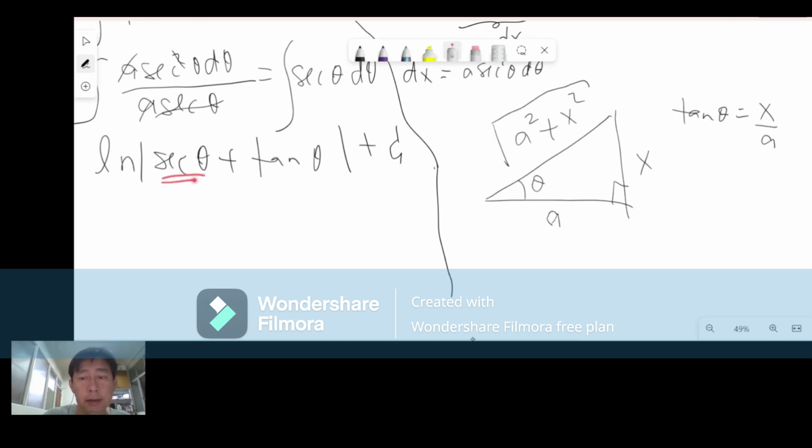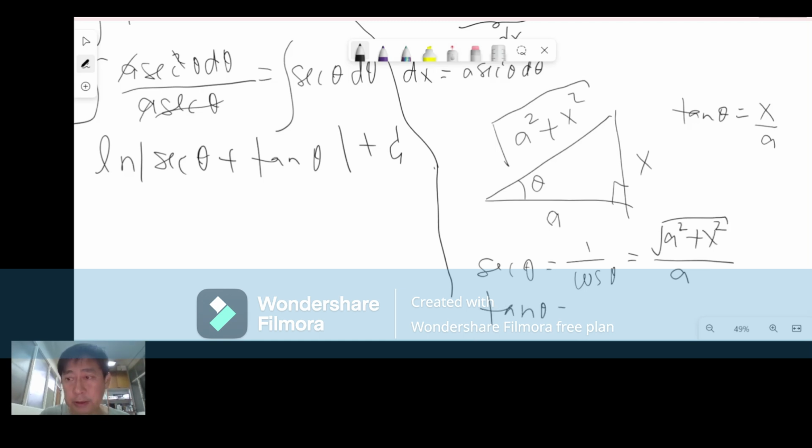Secant theta can be easily expressed in terms of x by referring to this triangle. Namely, secant theta by definition is 1 over cos theta, which equals the square root of a squared plus x squared divided by a. Tangent theta is simply x over a, which is just the same as this one.